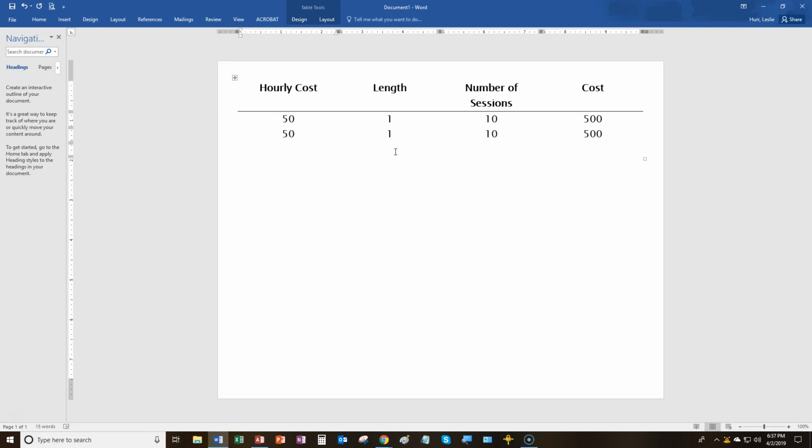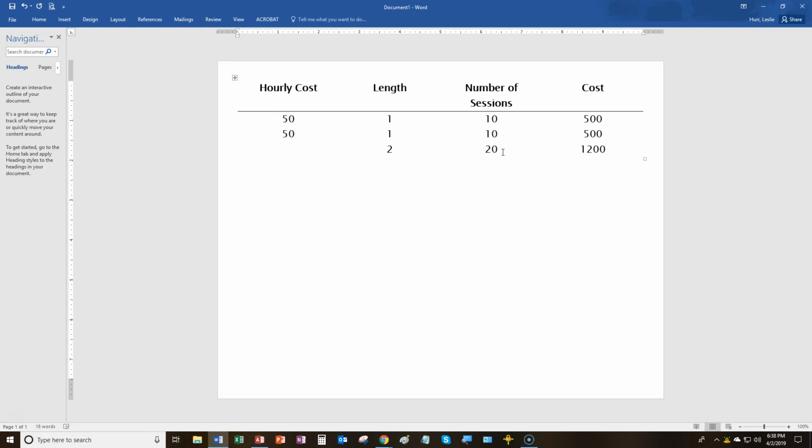Okay, so let's try another example. Let's say we have the length of 2, and the number of sessions is 20, for example, and the cost is $1,200. So the length times the number of sessions, you'll get 40.